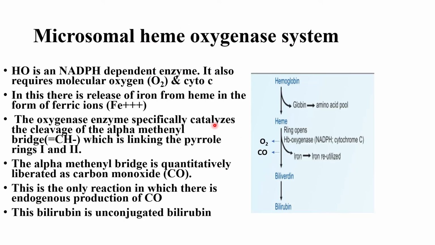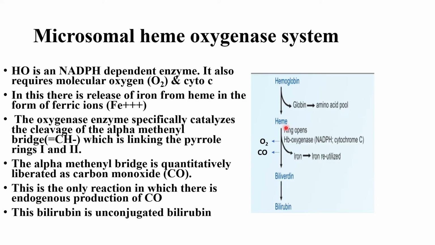Now the microsomal heme oxygenase system. As I told you, hemoglobin is broken down into heme and globin. The globin part is again catabolized into the amino acid pool, which again synthesizes hemoglobin.